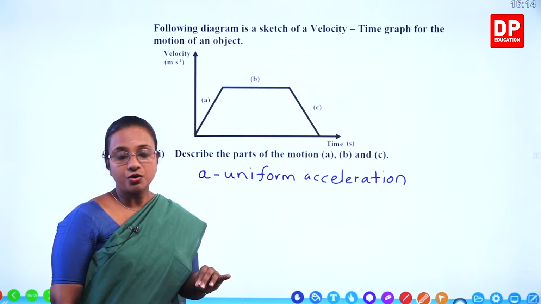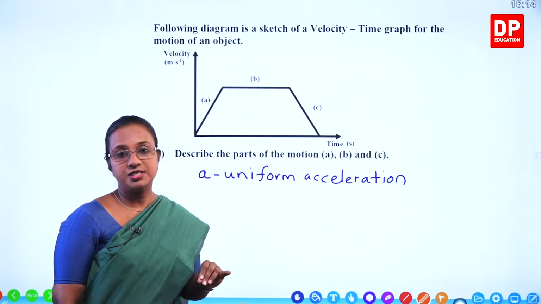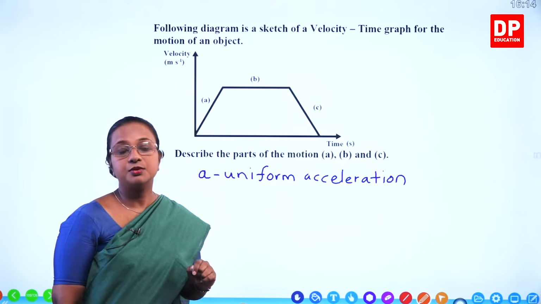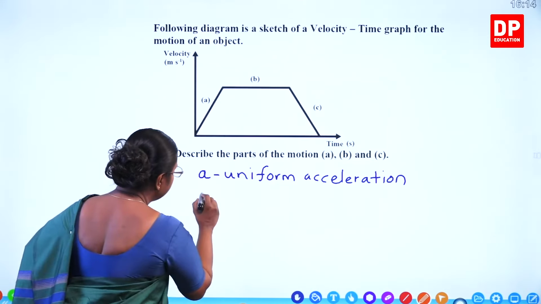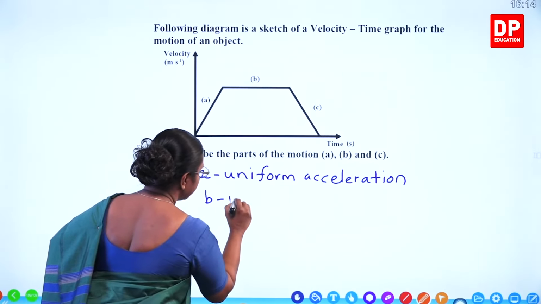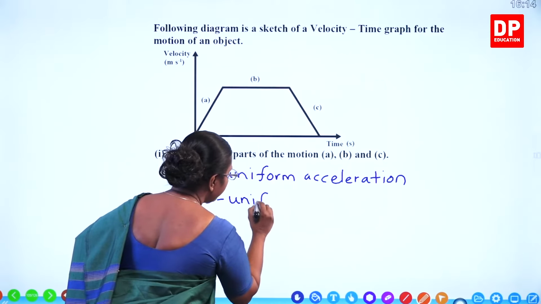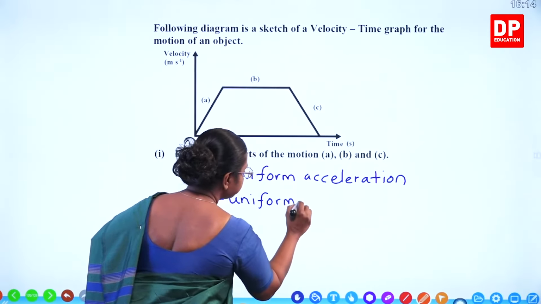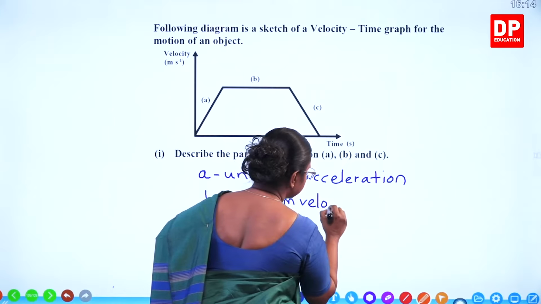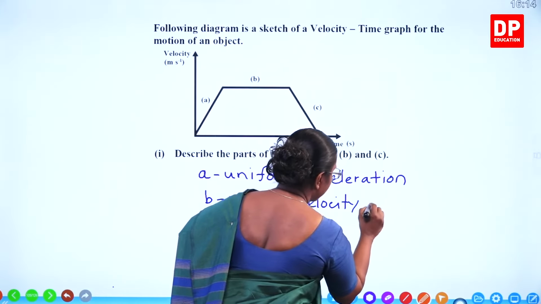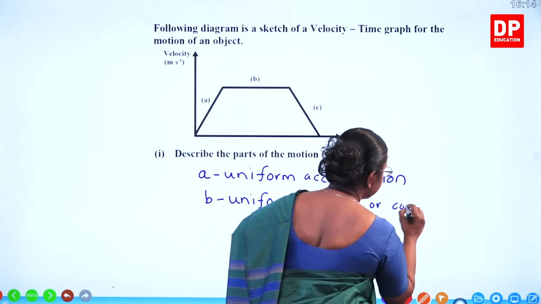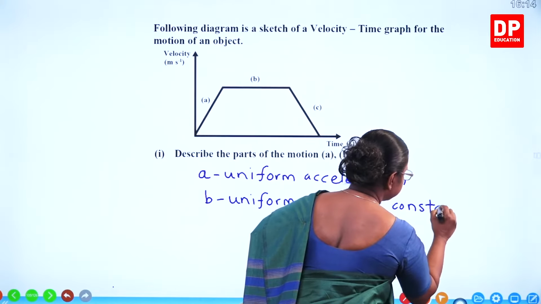Yes, it is called uniform velocity or constant velocity. So the B part of the motion is uniform velocity or constant velocity.